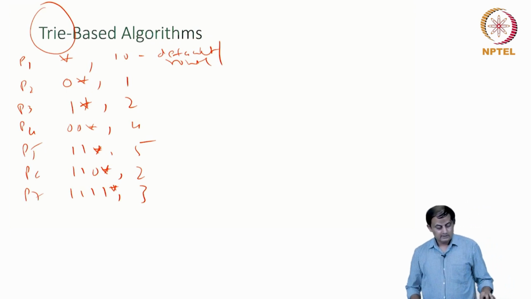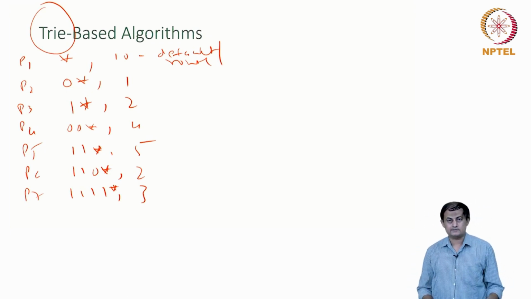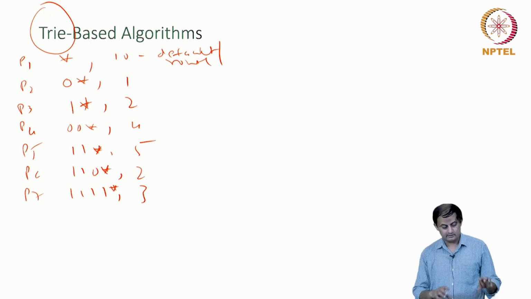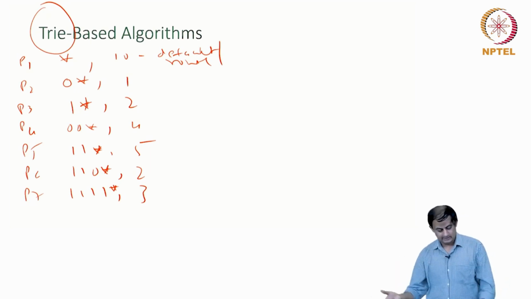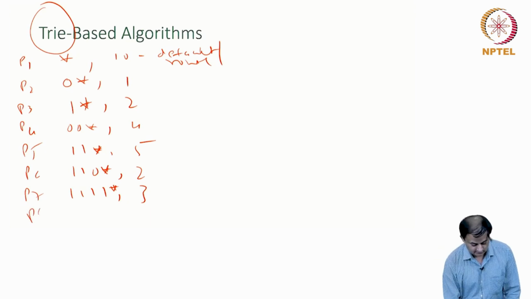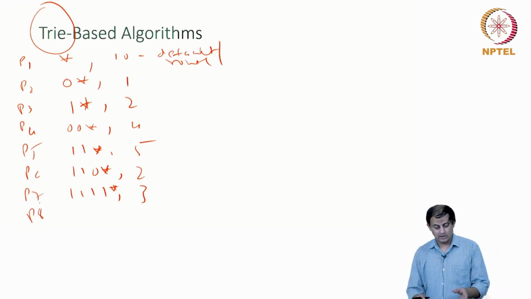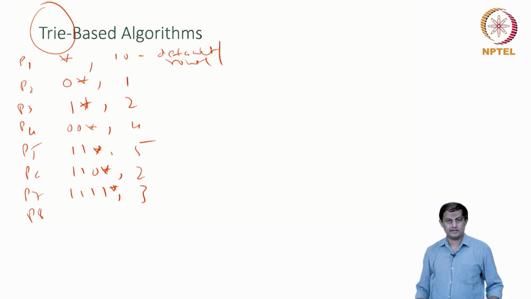Today I have these 7 prefixes, and I am going to build the trie for only these 7. When I get a new one, the 8th prefix, I am going to incrementally modify this trie structure to accommodate that 8th prefix. That is what it is.